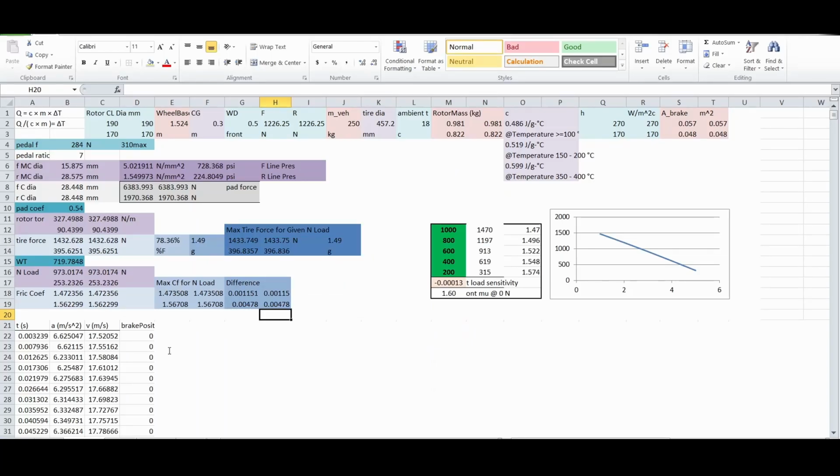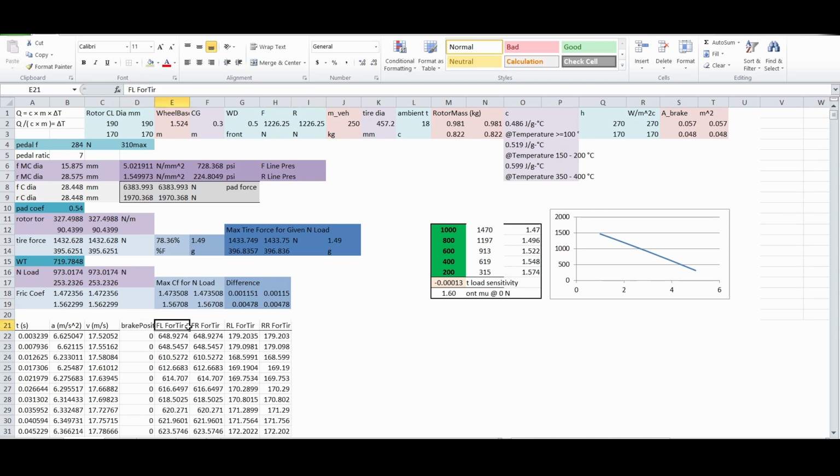So from our lap time simulator, I'm going to take time, longitudinal acceleration, speed, and Optimum Lap gave me brake position, so if the brakes were on or off. So for all the corners, front left, rear left, rear right.